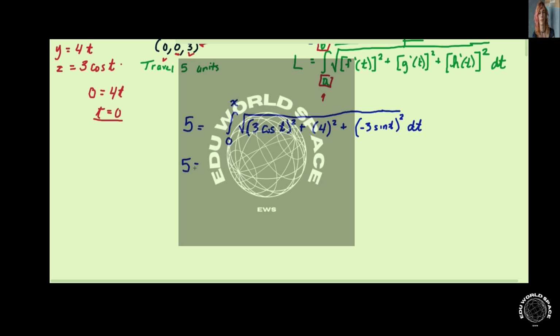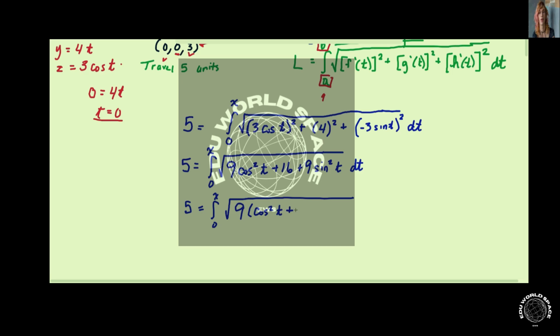So we know that 5 needs to be equal to the integral from 0 to x of the square root of 9 cosine squared t plus 16 plus 9 sine squared t with respect to t. I'm going to factor out a 9 from these two terms, and we'll see why shortly.